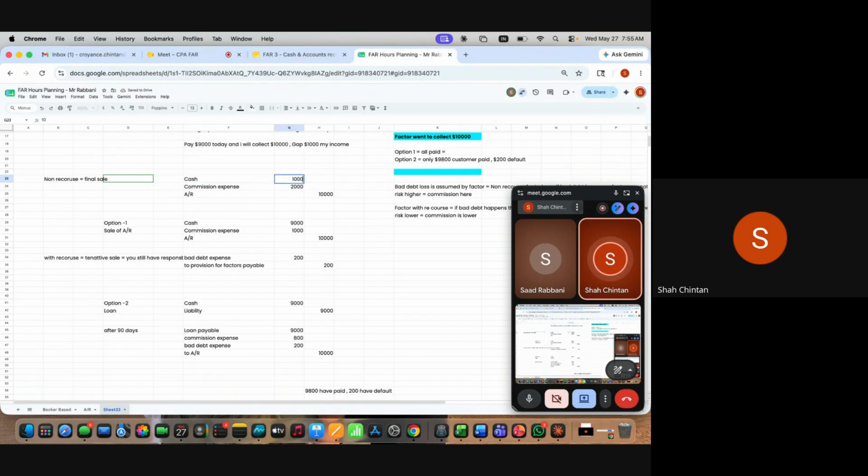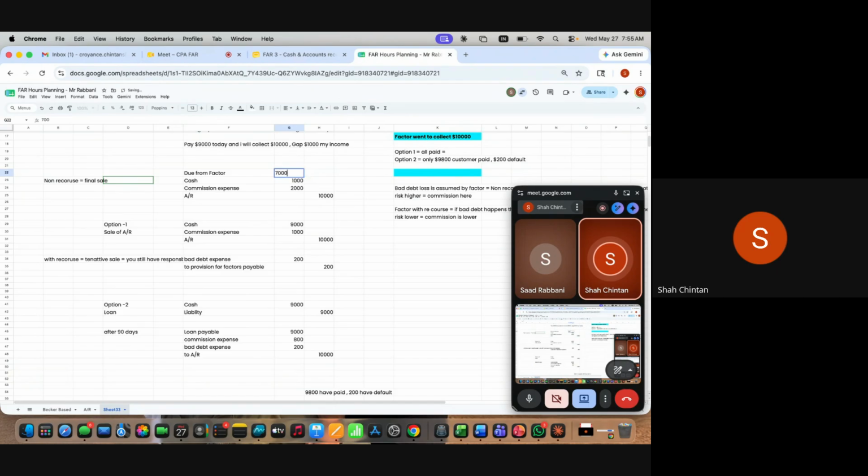So I'm giving you a cash of $1,000 today. So then you have a due from factor, which is, let's say, after 15 days is going to pay you remaining 7,000. So you can add one more account that today you get 10% cash, remaining 90% factor will pay you after 15 days. So that's your current asset, which is amount due from the factor.